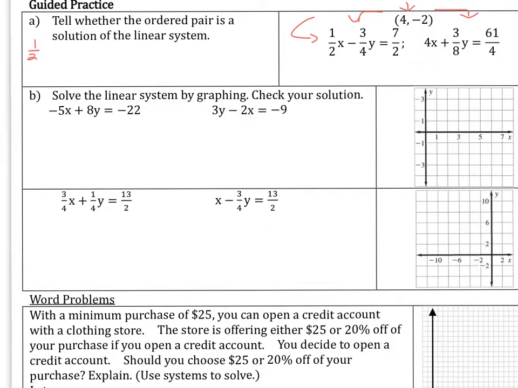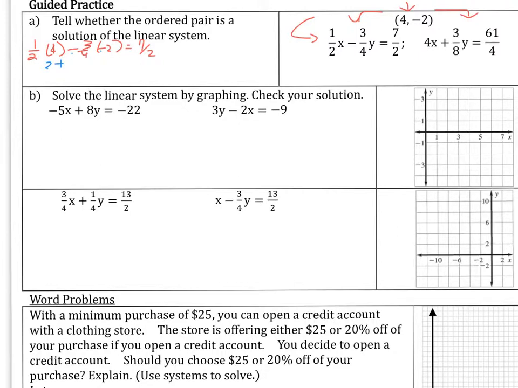Half times 4 minus 3/4 times -2. And we're going to see if this equals 7/2. When we simplify, 1/2 times 4 gives us 2. Let's take care of the signs. Negative, negative makes positive.